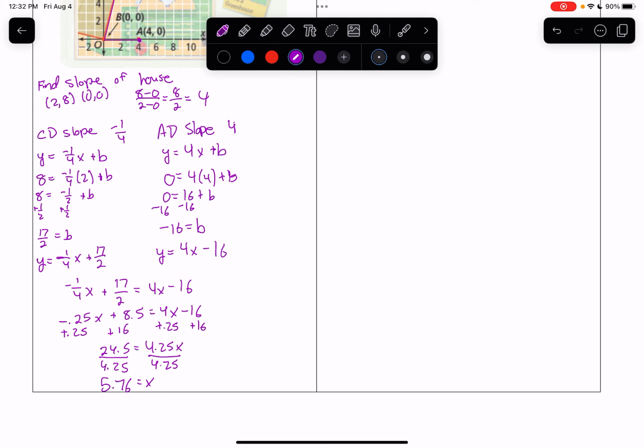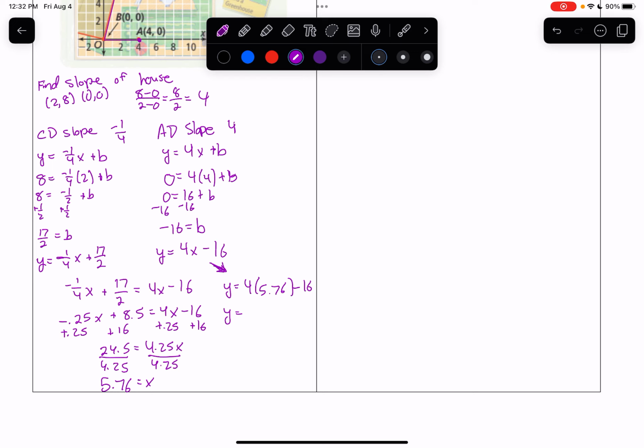Once I find the x value, I also have to plug it in to find the y value. So I'll plug it into this equation over here, right? This is just solving systems of equations 101. So y equals 4 times the x value of 5.76 minus 16. That's going to be y equals 7.04, right?